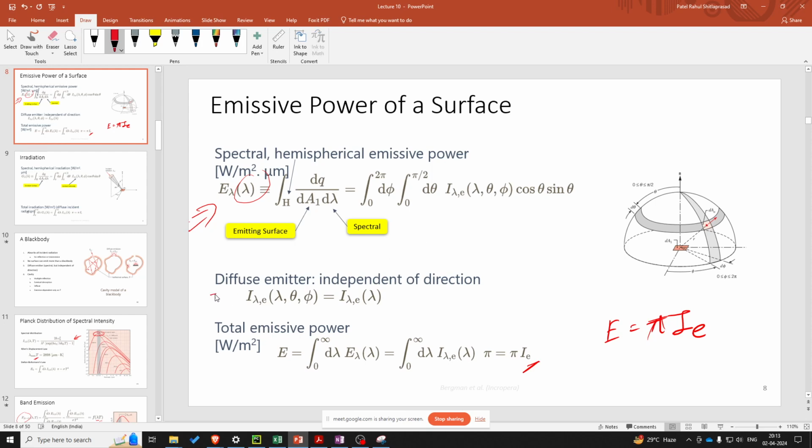See over here we had written that the diffuse emitter is independent of the direction, that is, it is only dependent on lambda. That is why we just neglected the angle of 30 degrees. And then the total emissive power is pi times IE. Here we have been asked to find this intensity of radiation IE, so we can just divide by pi.